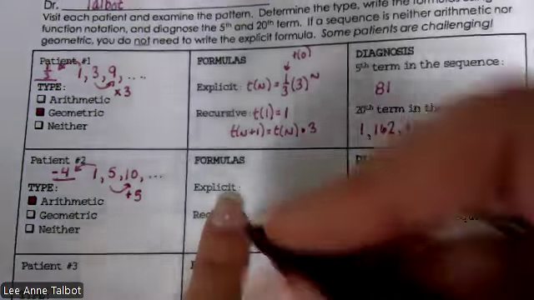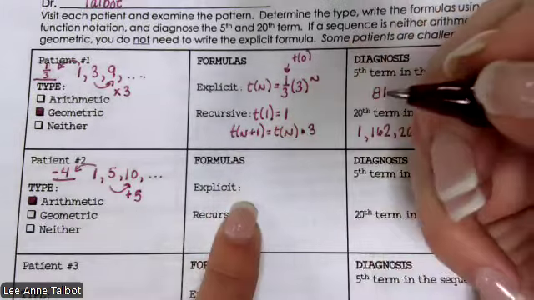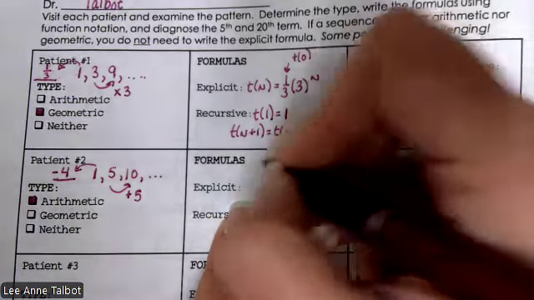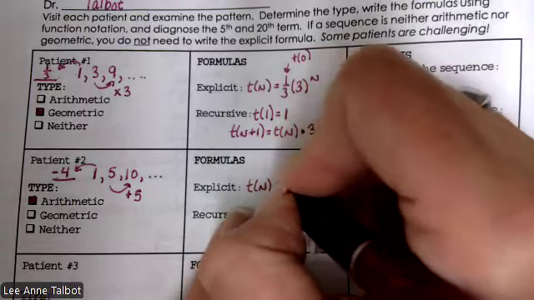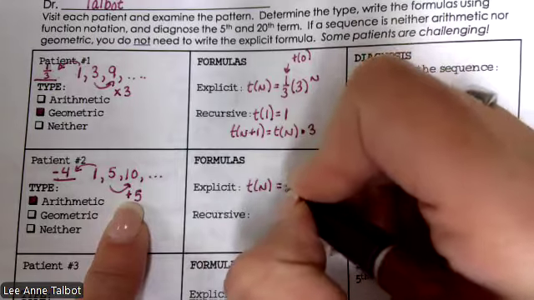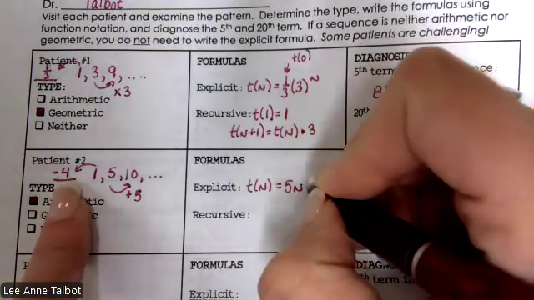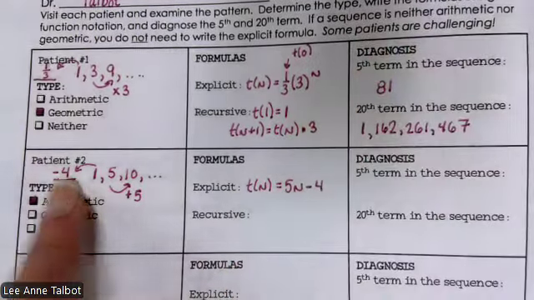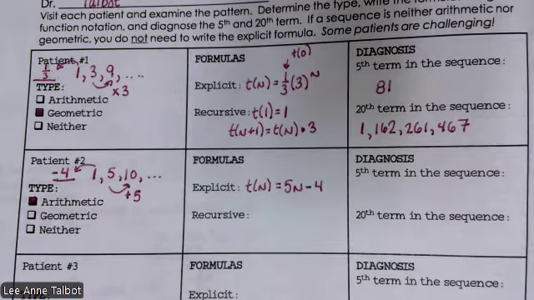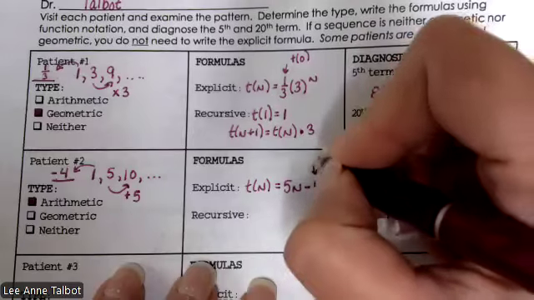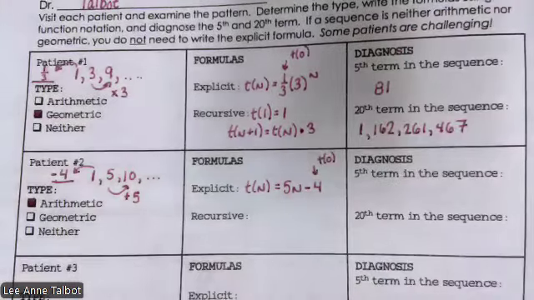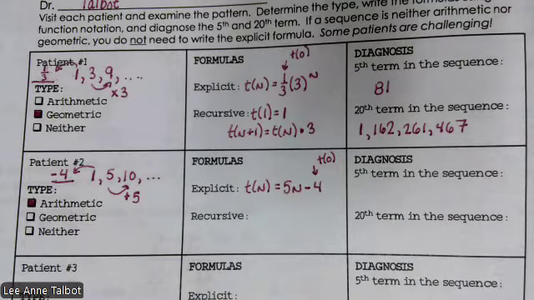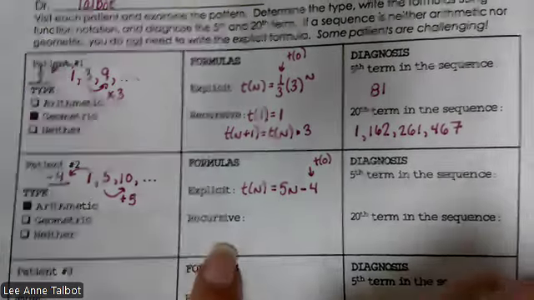Okay. Explicit is different. It's y equals mx plus b style for arithmetic. So t of n equals the growth, which is 5, times n, plus t0. Okay, recursive.